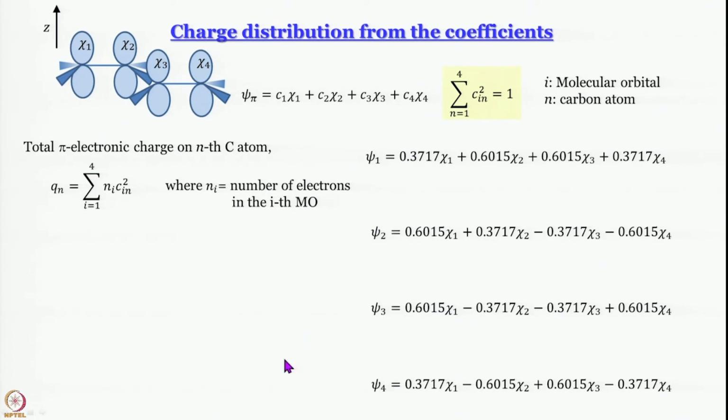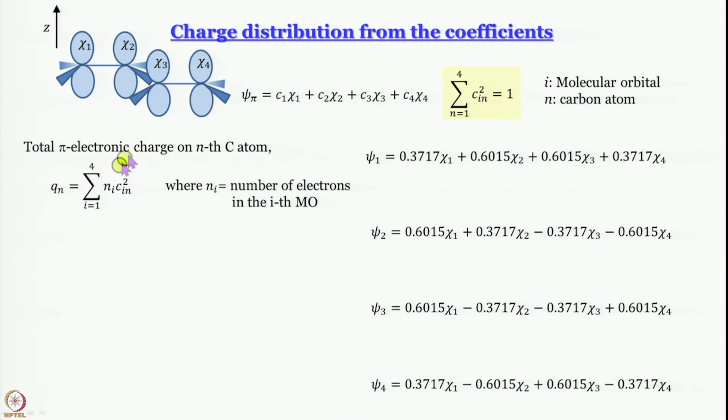Now, you have to multiply that number by Cin square. Cin square, remember, is the coefficient of the ith molecular orbital in the nth carbon atom, or the other way around, whatever you want. So, if you take Ni Cin square, what is it?